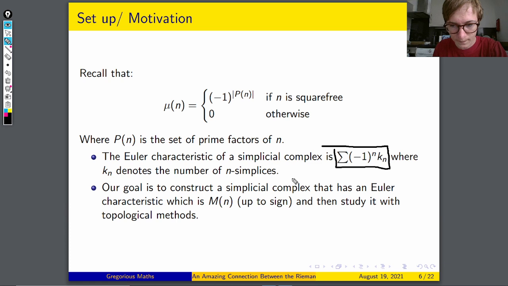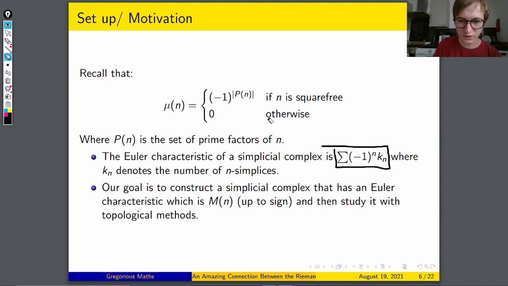Now, our goal is literally to artificially construct a simplicial complex, and we want this sum to be of exactly the form of a sum of Mobius functions. Again, I'm with a mouse, so I can't write at all, but you know what I mean.